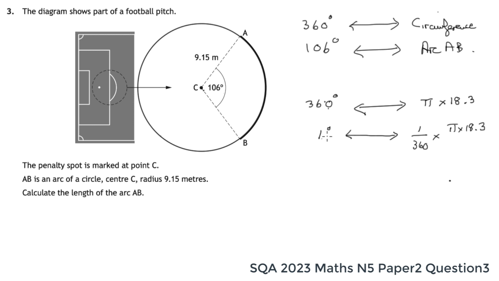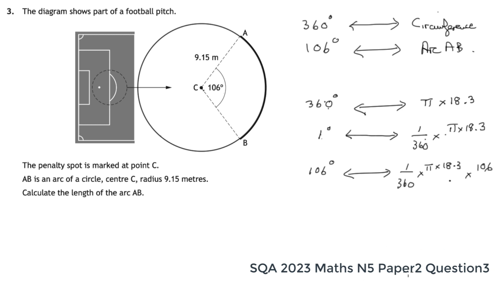But that's not what we're after. We're after the length that goes with 106 degrees. So if we know that 1 degree goes with whatever this number is, 106 degrees would go with 106 times this number. So we take whatever this number is, we're building up a calculation here, whatever this number is times 106.